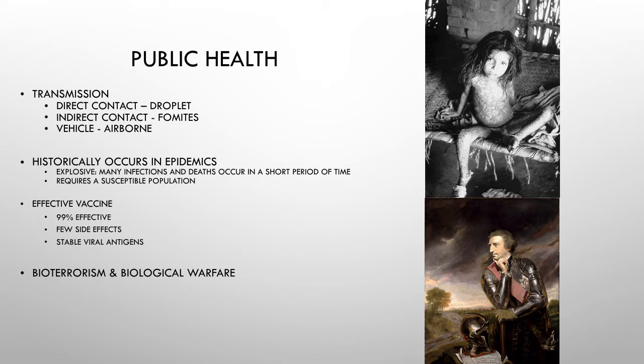So you can have very big epidemics that occur with smallpox, and it tends to spread very rapidly, and people notice the infections and they are frightening, and people flee from the area, and then they will take smallpox with them.